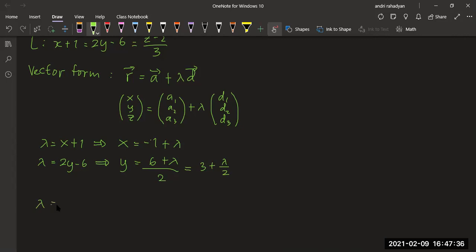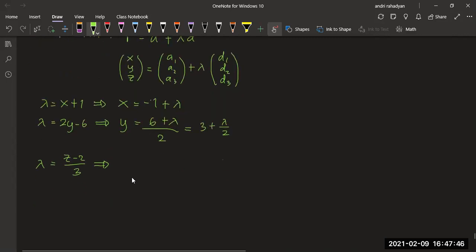And lambda also equals z minus 2 divided by 3, so z equals 2 plus 3 lambda.